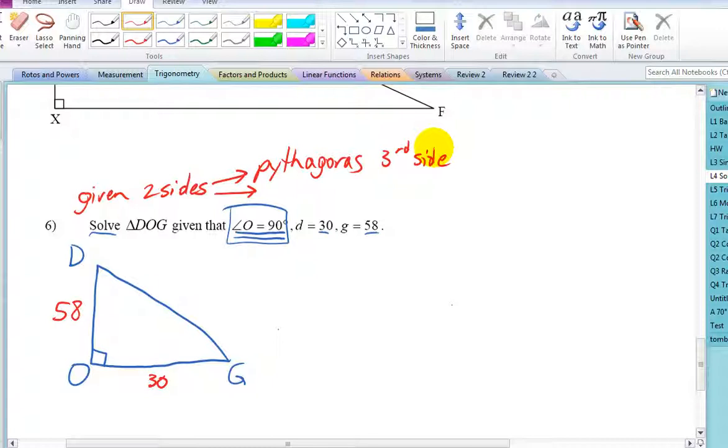Guys, focus, please. Then for the angles we'll use ratios to find the angles. So real quick, let's do Pythagoras to find DG. So DG squared equals, then what DG equals.